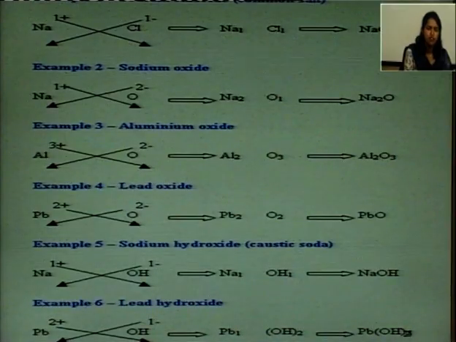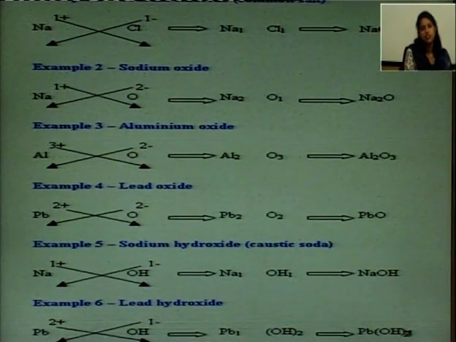As we all know, sodium has a +1 charge and Cl has a -1 charge. First, we follow the first step: write the positive ion on the left-hand side and the negative on the right-hand side.